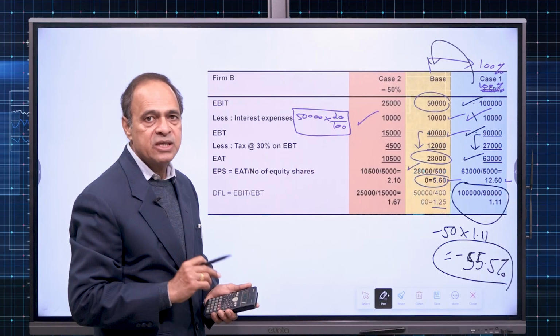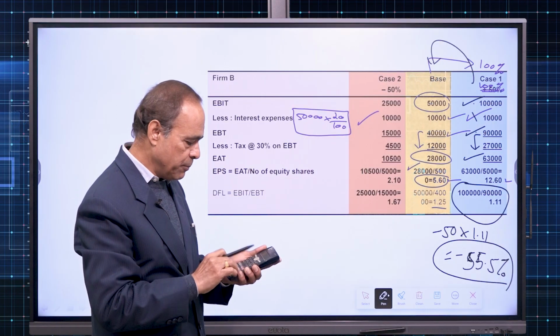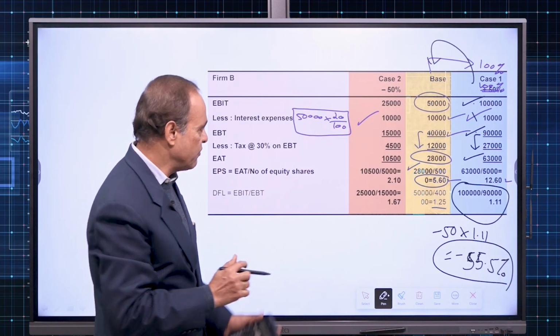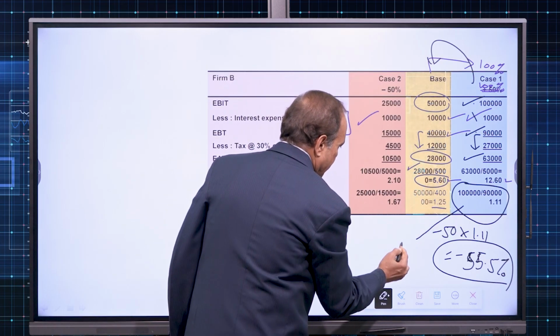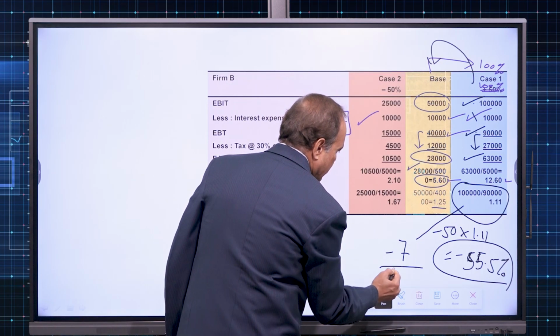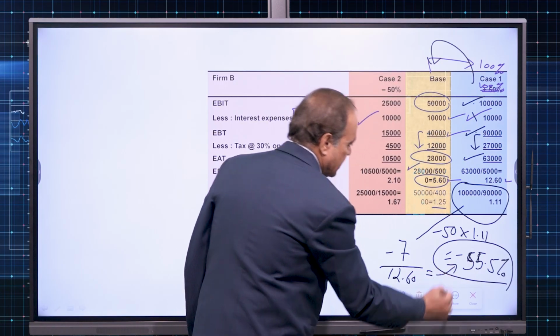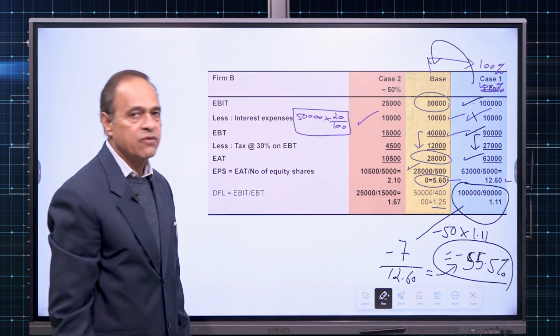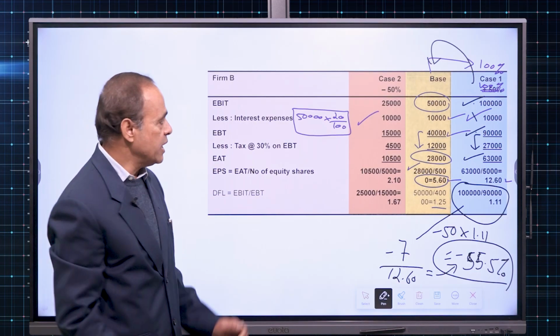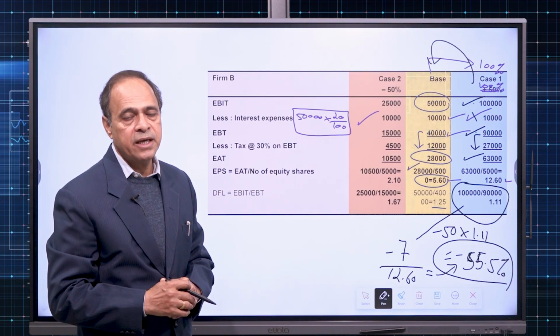So it has declined by 7 over 12.6, you can see negative 7 over 12.6. So you get the same percentage, negative 55.5%. So that is the way we interpret and calculate DFL.